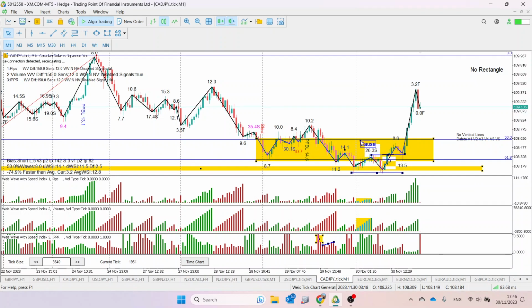Now what happened here is the following. This 26.3 was higher than the previous numbers because, since we're trending down, sellers are waiting for a pullback to come in and go short.